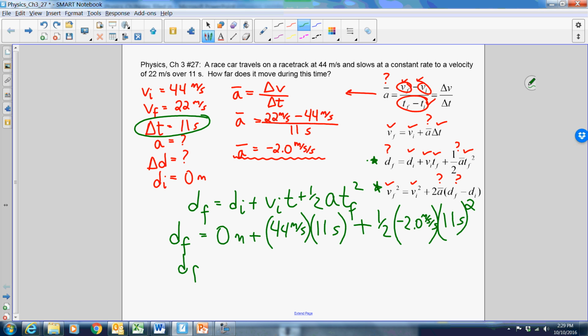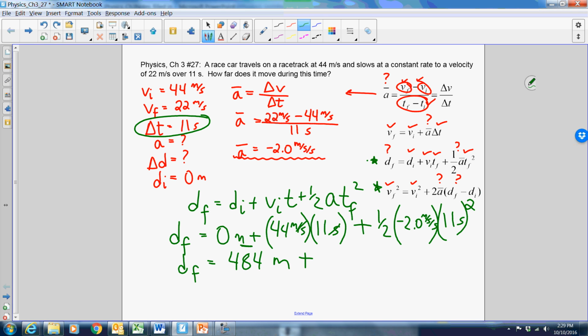So here, I get 0. I'm going to leave that term out. Plus 484. And look, the seconds cancel. That's good. Now I only have meters left, which is good because I'm looking for the position. Technically, we'd keep only 2 sig figs, so I'm just going to mark a line over the 8 to show I need to round that later on. Okay.